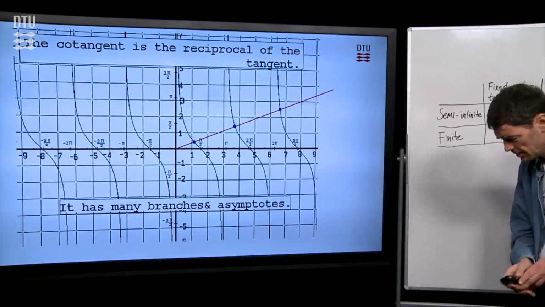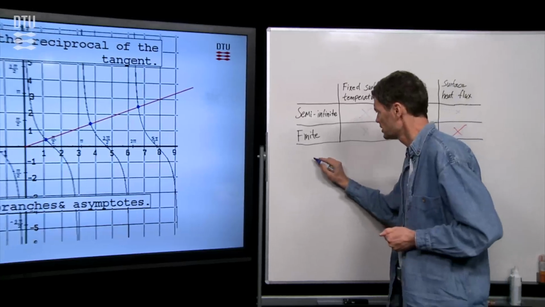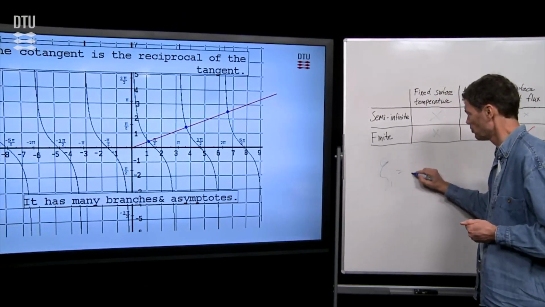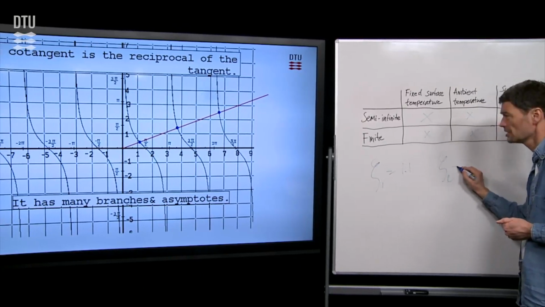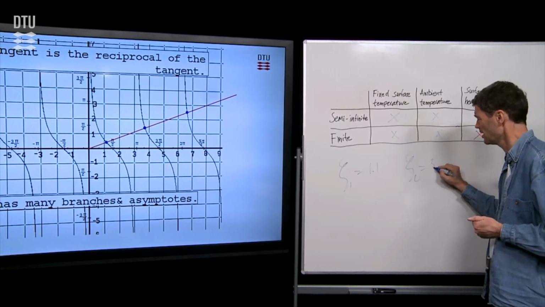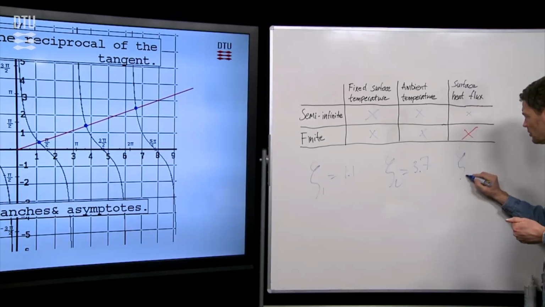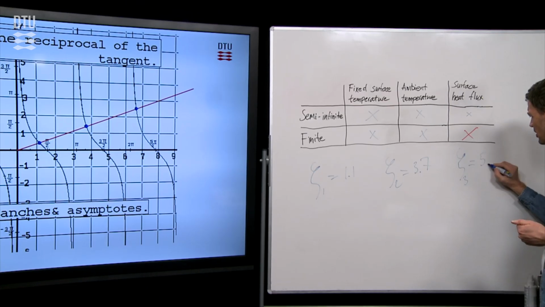That means that in this case, if I may draw it over here on the whiteboard, zeta 1 is equal to 1.1, it looks. Zeta 2 is equal to 3.7. And zeta 3 is equal to 5.7.